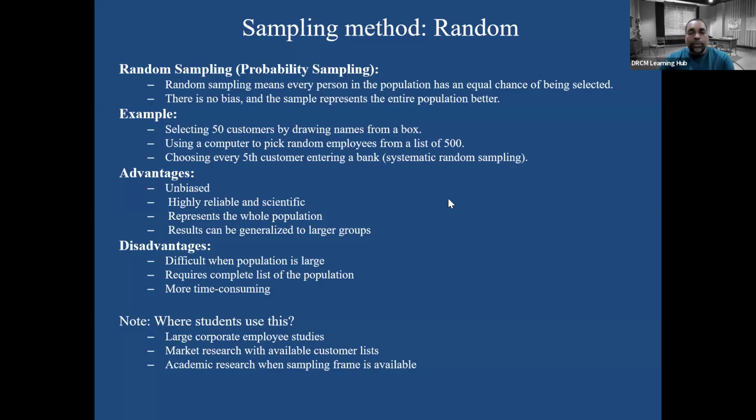Sample frame means a predefined, structured number of persons, a confined list that will be available with you. Example, I said your class of 60 members. The 60 member names are with me, and I am selecting a sample of 20 members from that. That type of selection is called random sample.